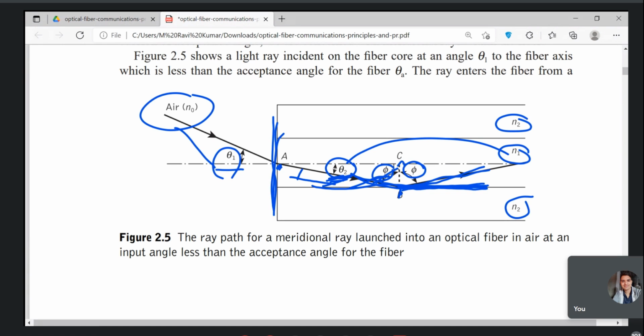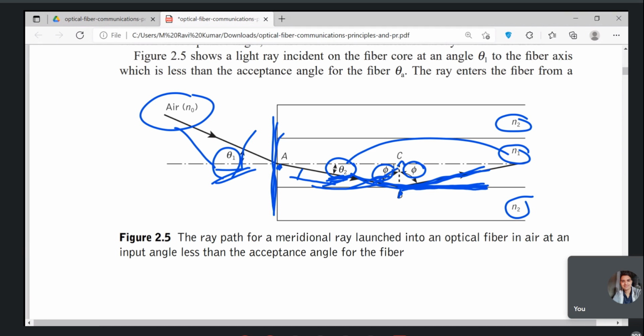Based on θ2, we get the angle θ1 at which it will support total internal reflection. So here θ1, the maximum angle at which we would have total internal reflection, is what is known as the half conical angle or the acceptance angle.